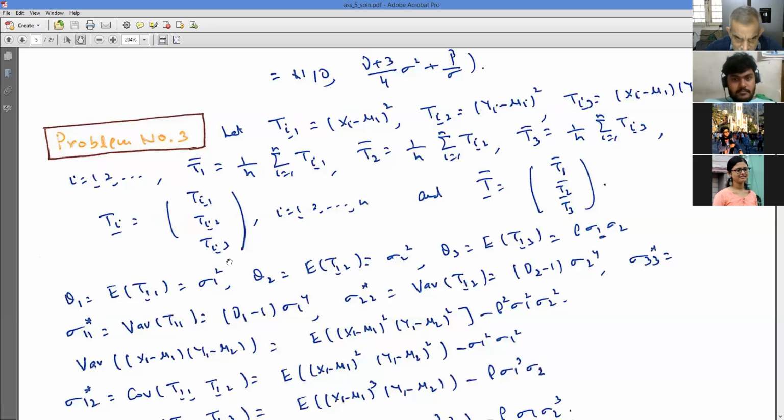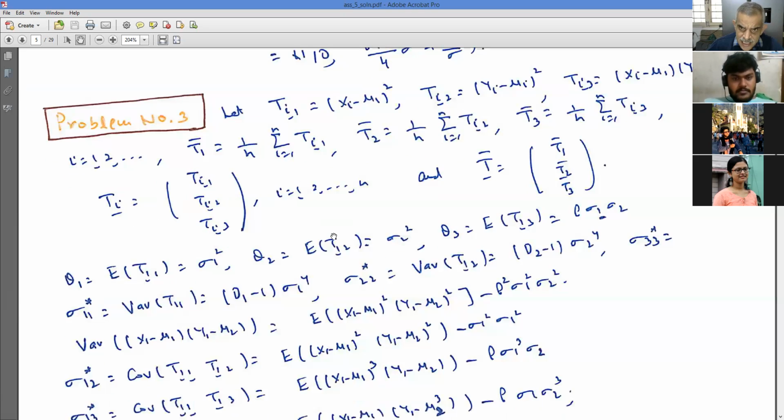So that means I can apply the central limit theorem to Ti's. No problem with that. The only thing I need to know is what are their means, because that normalizing factor will depend on the means of Ti's. And the variance covariance matrix would be the variance covariance matrix of this vector Ti, because they are IID. So I need to determine its mean and its variance. So let us try to do that.